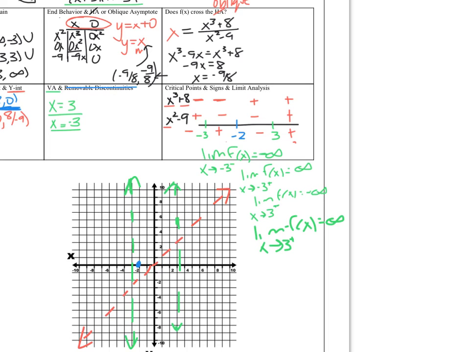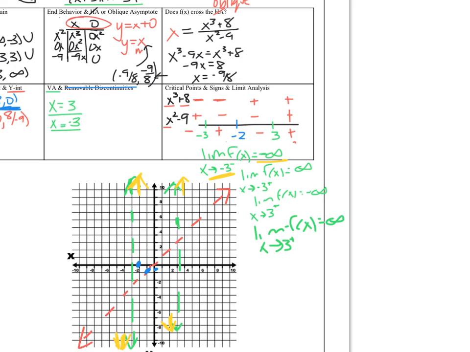We have a y-intercept at almost negative 1. And we're crossing our slant asymptote at negative 9/8, negative 9/8. All right, let's add in some arrows from my limit analysis. So from the left of 3, we're going down to negative infinity. To the right is above. To the left is down. To the right is above.